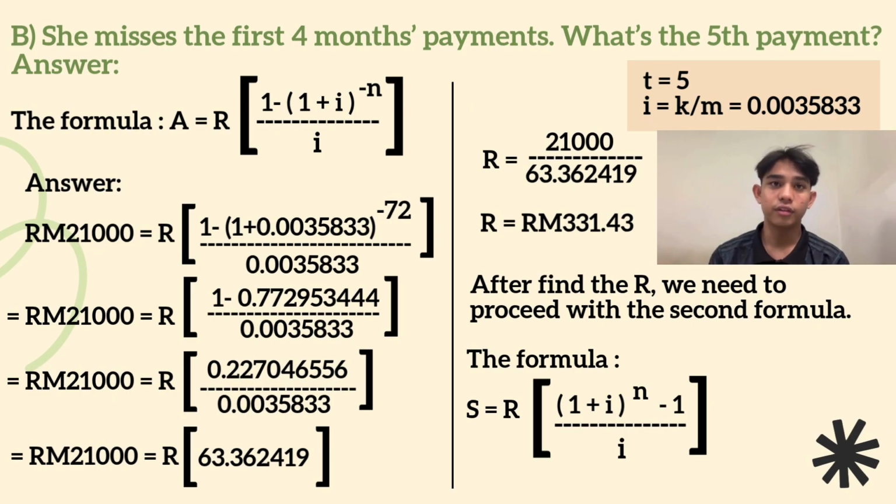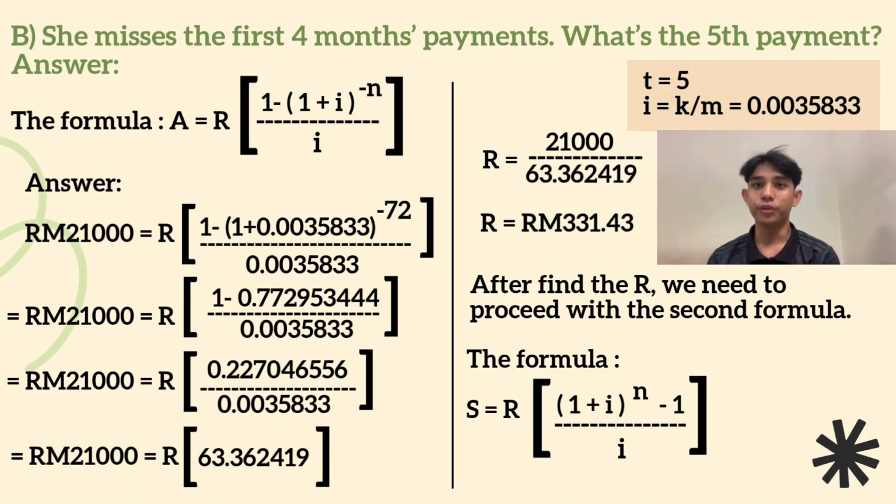So 21,000 ringgit Malaysian equals R, large bracket 1 minus 1 plus 0.00358833 to the power of negative 72, over 0.00358833, close the large bracket. We get 21,000 equals R times 63.362419. So R equals 21,000 over 63.362419, and R is 331.43 ringgit Malaysian.